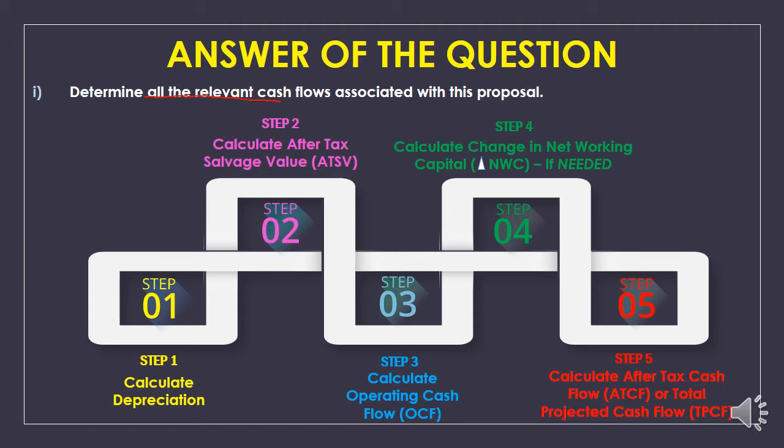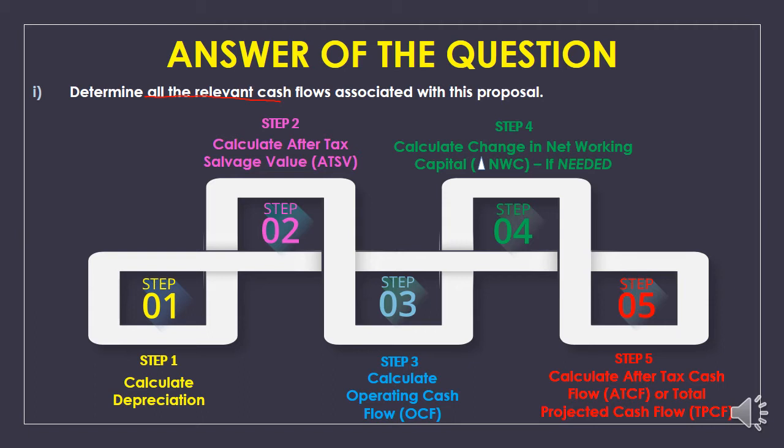To calculate the after-tax cash flow, there are 5 steps that you need to follow. By using these 5 steps, it is easier for you to understand and calculate the after-tax cash flow. The first step is to calculate depreciation. The second step is to calculate the after-tax salvage value, which is ATSV.